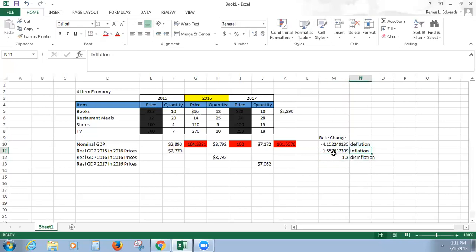So make sure for the exam you understand deflation, meaning the rate change is negative. Inflation, it's positive. And disinflation, it's positive, but not as great as the previous year. So for example, if this had been a 2, this would not be disinflation because it's increasing. This would have just been inflation. Right? And that's gross domestic product.